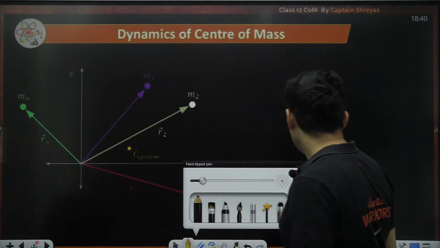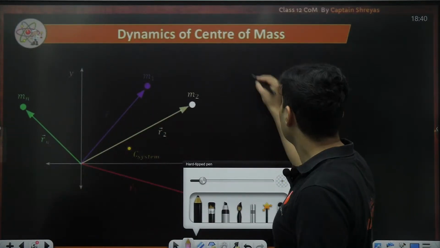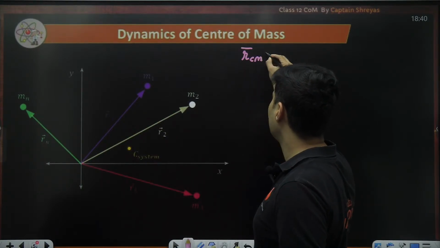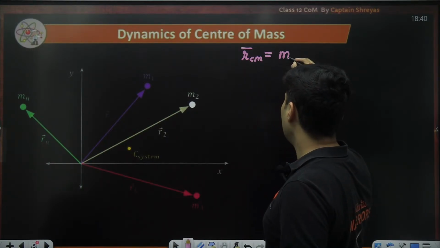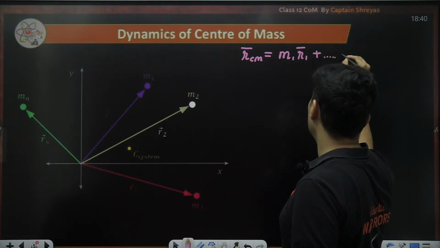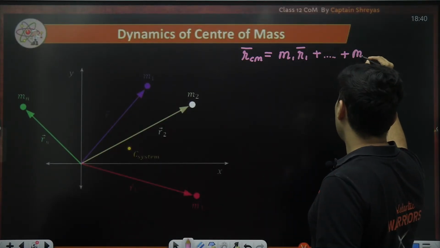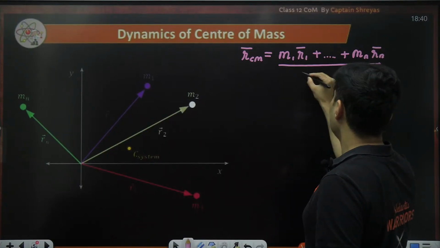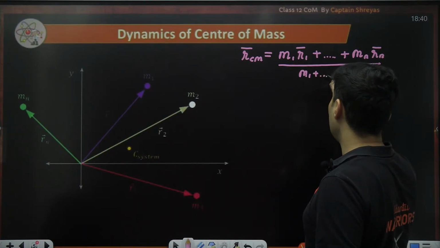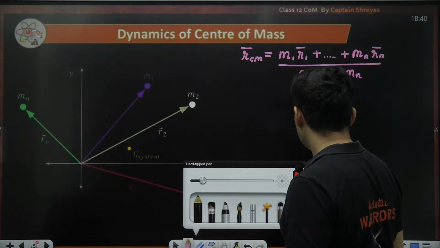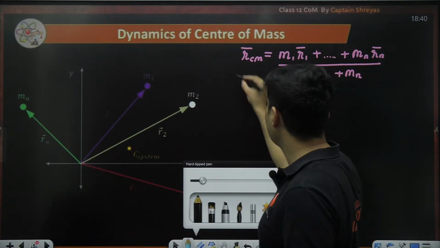See, if I tell you that the position vector of the center of mass is given by, for a multiple particle system, m1 r1 plus m2 r2, like that, mn rn, the whole thing divided by m1 plus m2, like that, till the nth mass.